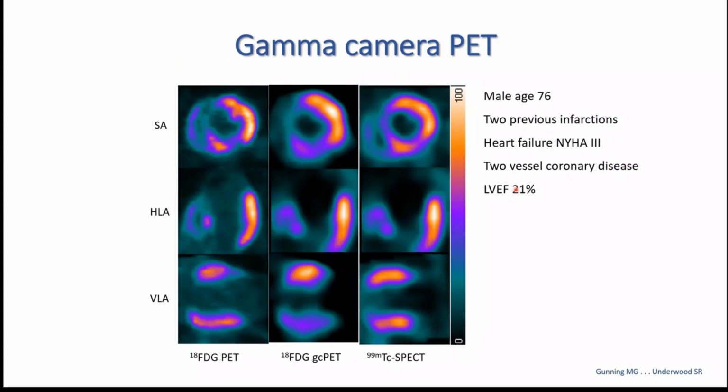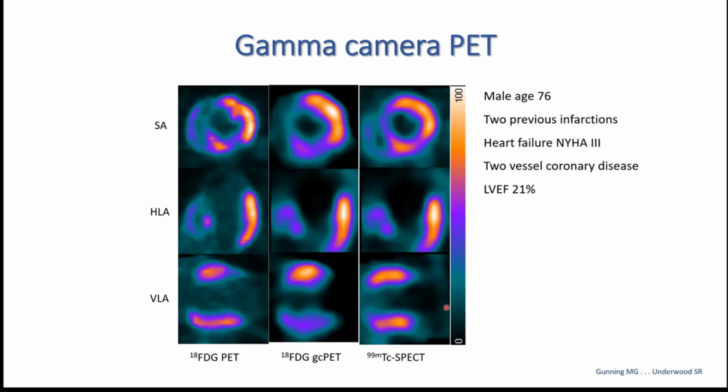Actually, PET is not necessarily the be-all and end-all of viability imaging. These are some studies that we did some time ago now, led by Mark Gunning, and we used tetrofosmin SPECT under nitrate cover in patients, and FDG PET, and this is gamma camera PET, poor man's PET, which we can still do.